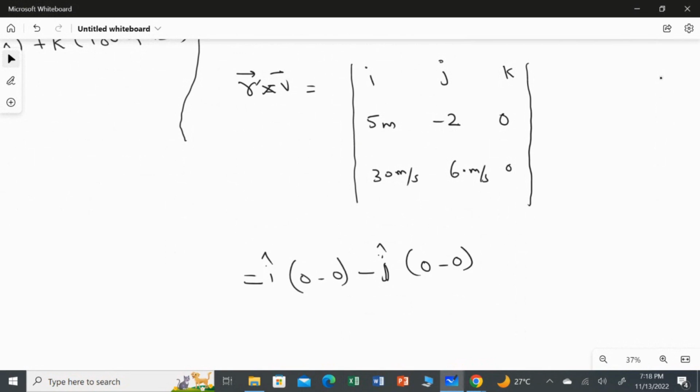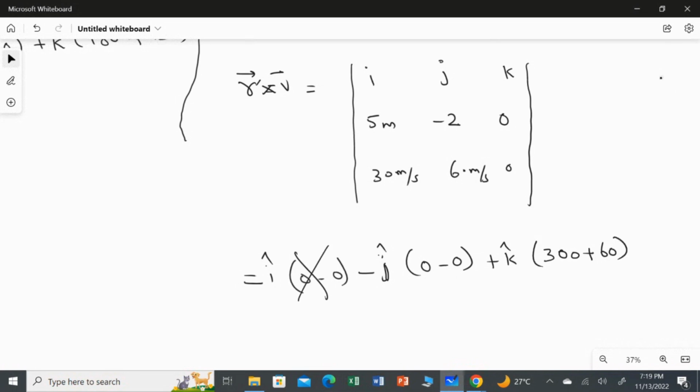And now k cap we have to find. k has the positive value. 60 multiplied by 5, 300, right? And this direction minus, am I right? Minus of 30 multiplied by -2, it's -60. And already one more minus here. So -60 multiplied by minus becomes +60, right?